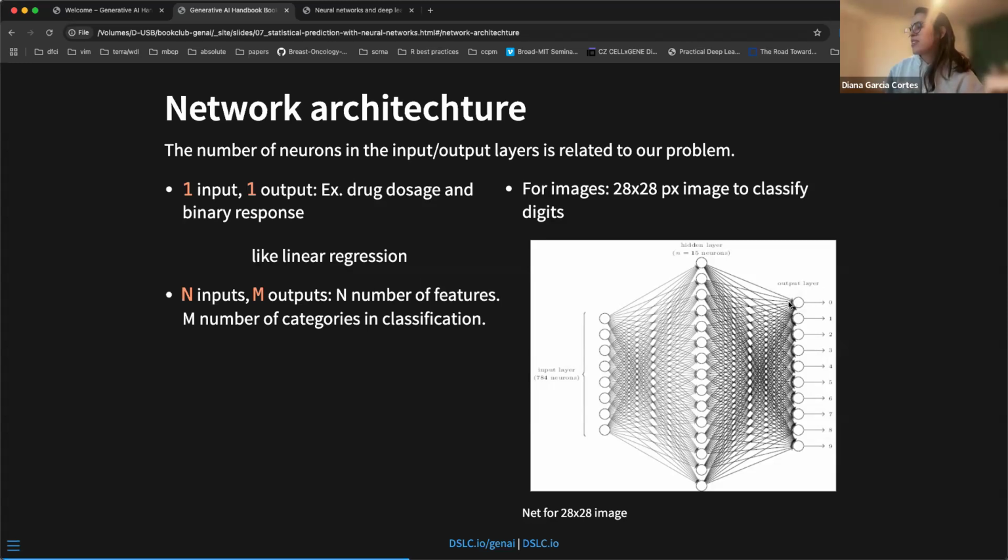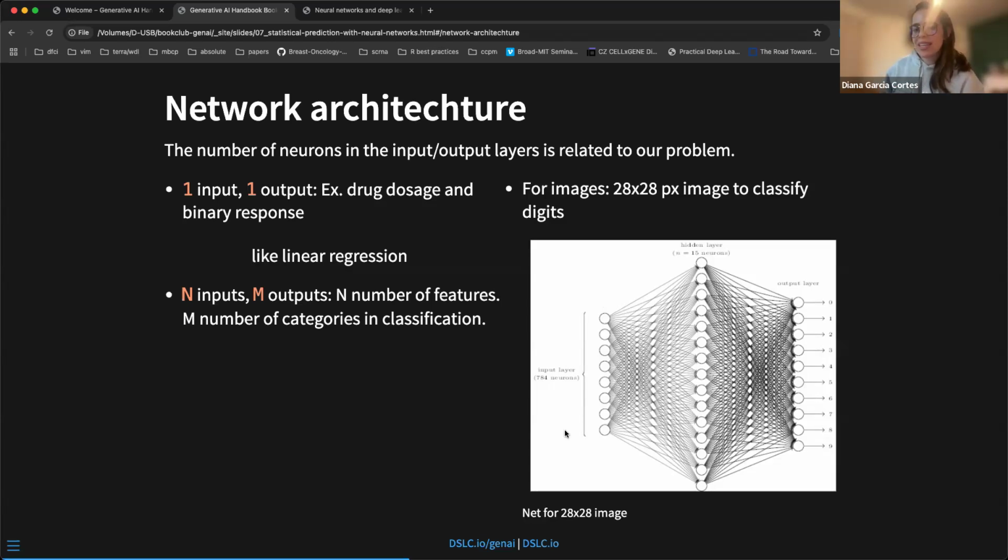So our output layer will have 10 neurons, and each neuron will be associated to one digit, and the input will be associated to each of the pixels in our image. So that will be 28 by 28.